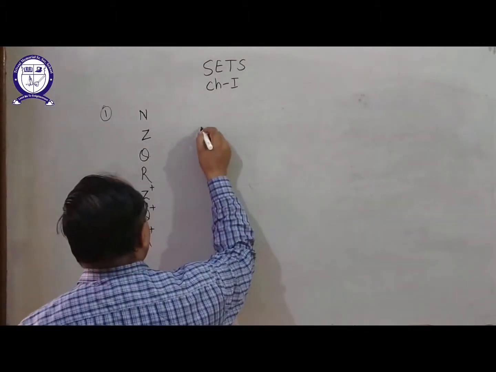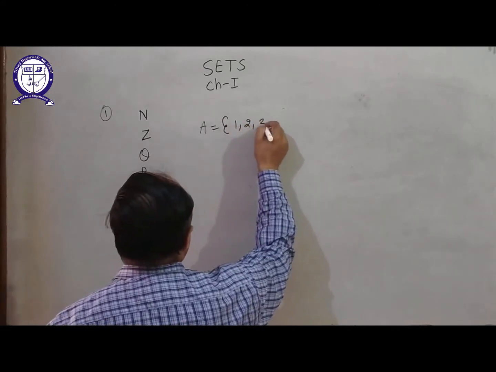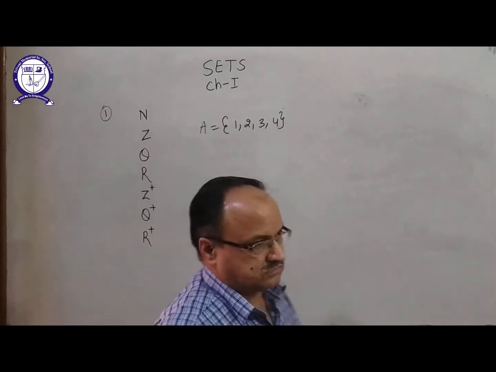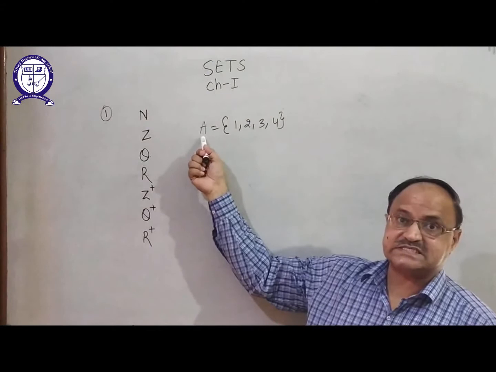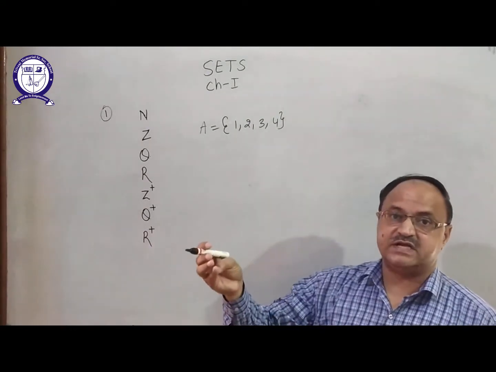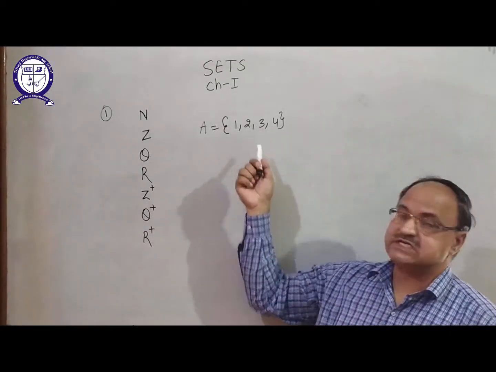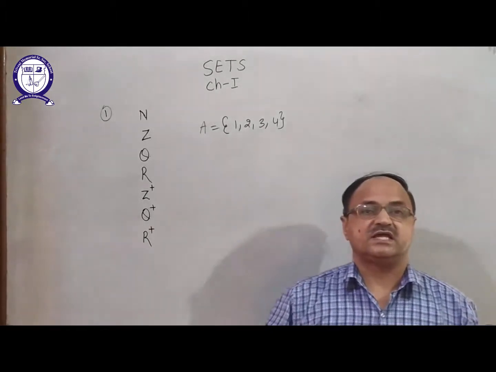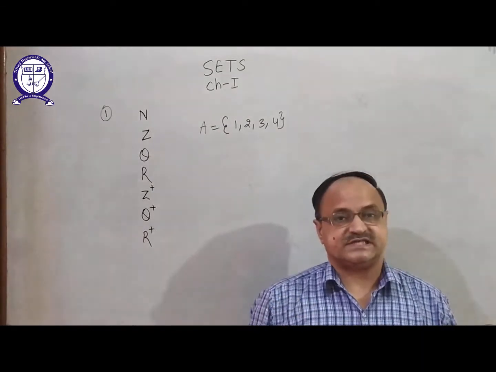For example, set A is equal to {1, 2, 3, 4}. Sets are generally denoted by capital letters, capital A, capital B, capital C, like this. And 1, 2, 3, 4 are called the elements of the set, or members of the set, or objects of the set.